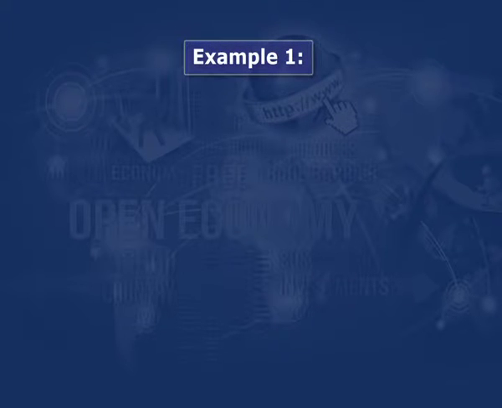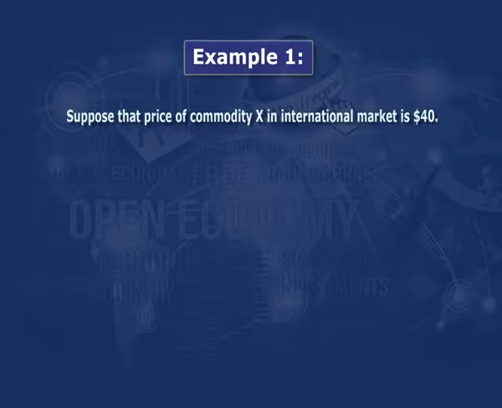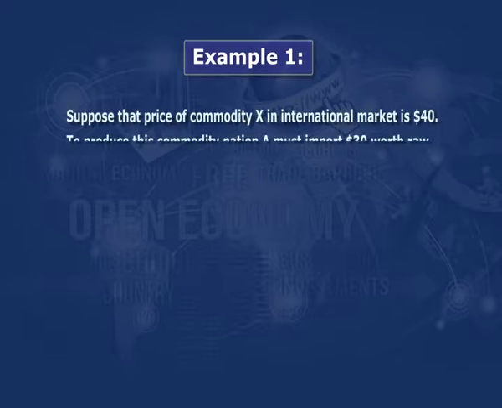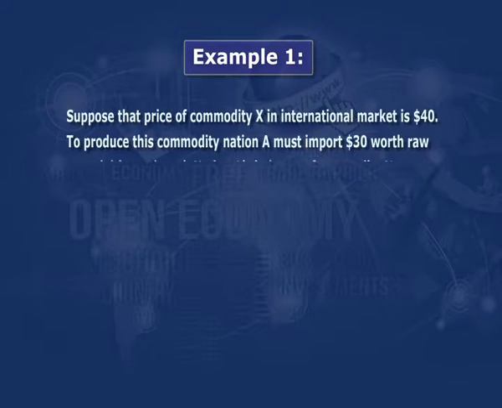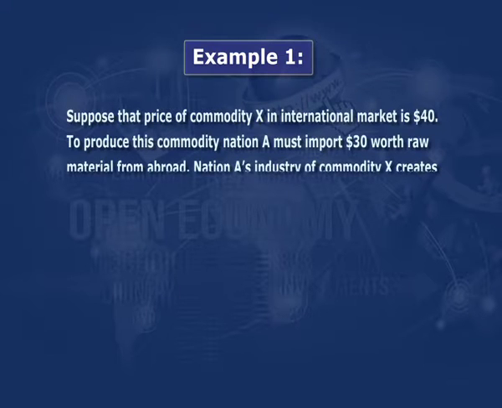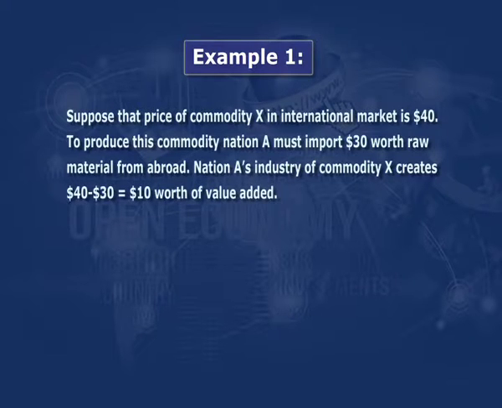Let us take an example. Suppose that the price of commodity X in the international market is $40. To produce this commodity, nation A must import $30 worth of raw material from abroad. Nation A's industry of commodity X creates $40 minus $30, that comes to $10 worth of value added.